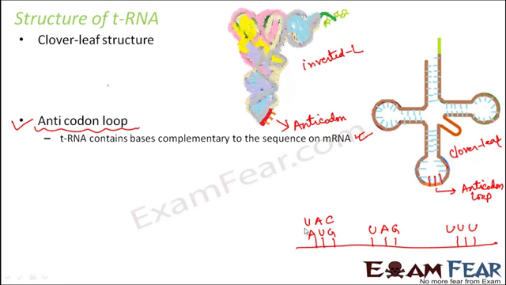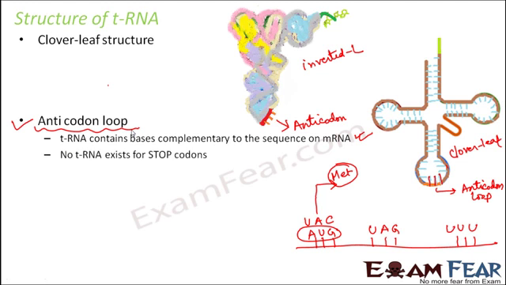As a result, they both will tend to come near each other, whereas the other end of the tRNA will consist of the corresponding amino acid, and this is how it will connect the right amino acid to the right codon. So the anticodon loop will actually connect to the mRNA because of the complementary base pairing.